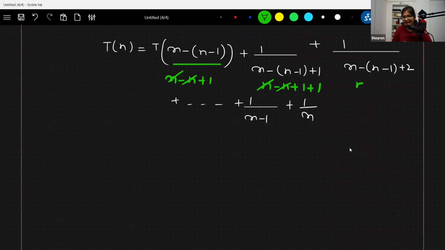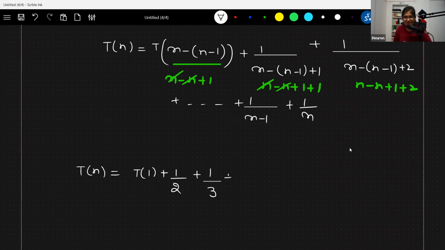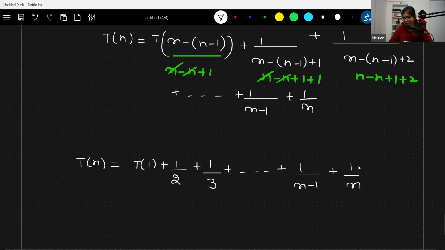It will be n minus n plus 1 plus 2, which is 3. Meaning what I want to say here is, can I write like this? t of 1 plus 1 by 2 plus 1 by 3 until so on plus 1 divided by n minus 1 plus 1 divided by n. Is everyone getting the same kind of equation?